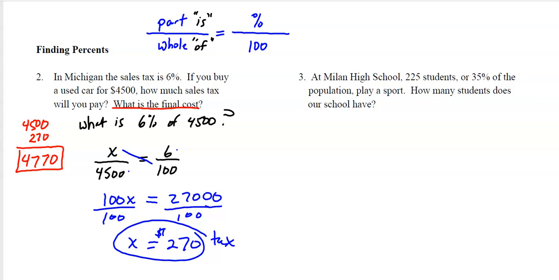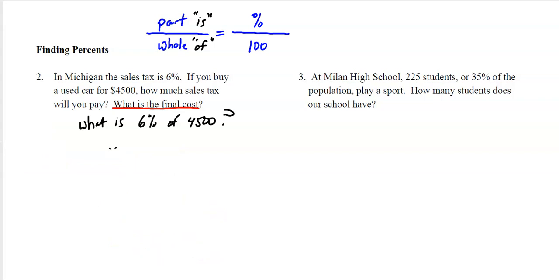Now, I don't usually use the percent proportion most of the time. I use the percent equation. So most of you would probably look at this problem and say, well, there's an easier way. When you want to do what is 6% of 4,500, you just turn this into a decimal. You go 0.06 times 4,500.